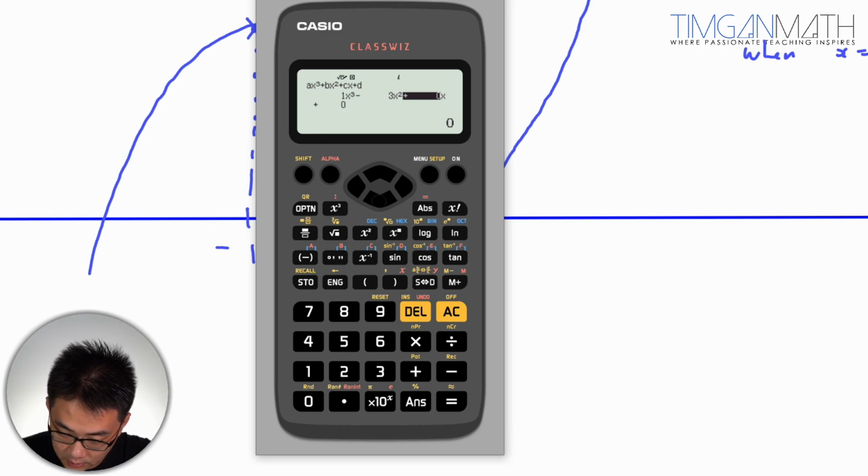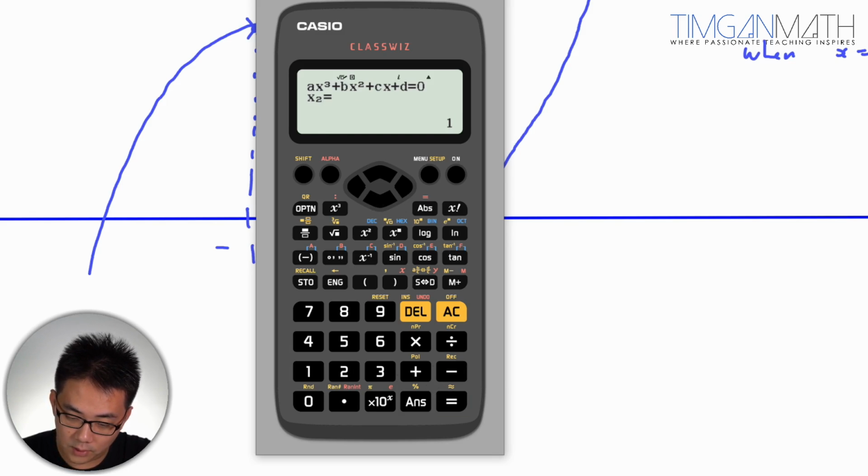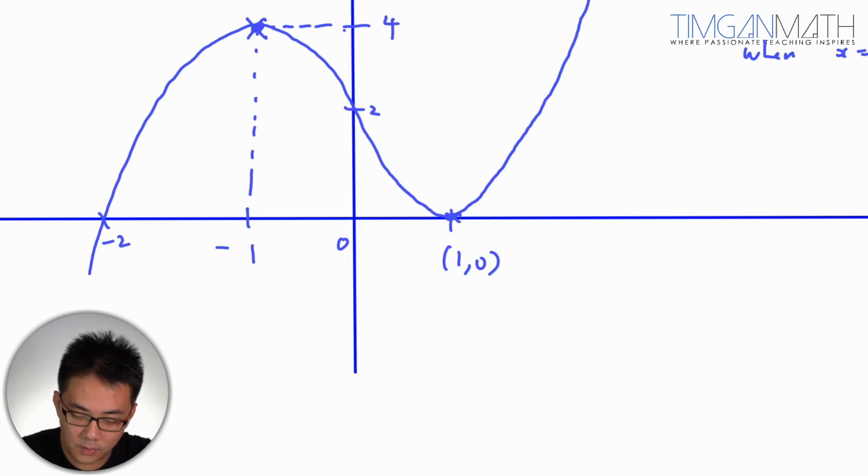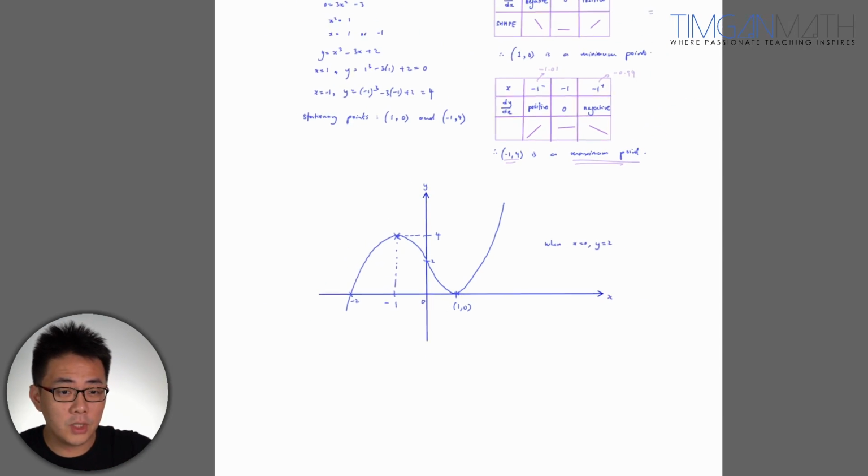So the x-intercepts are negative 2 and 1. That's how I do this question proficiently.